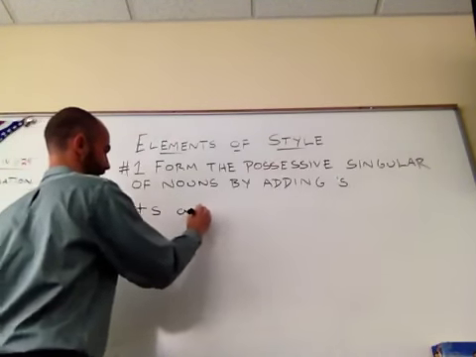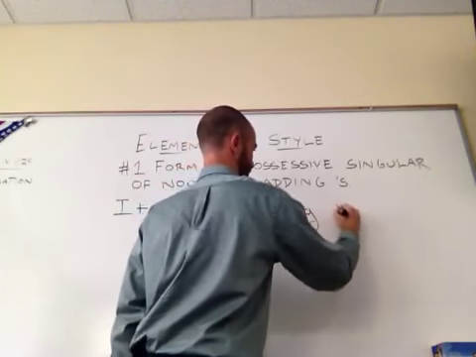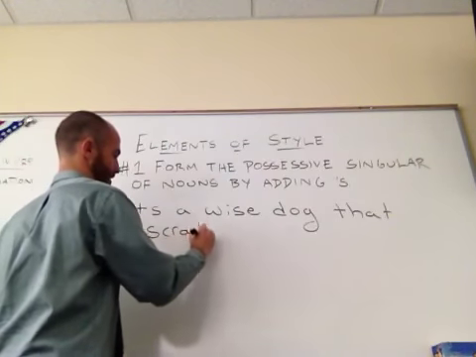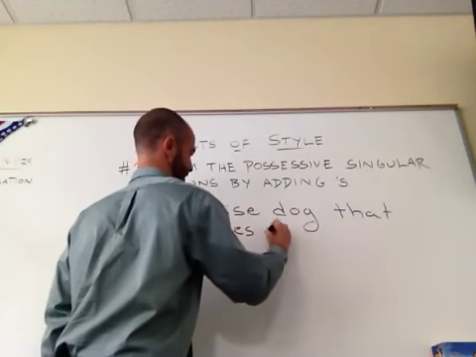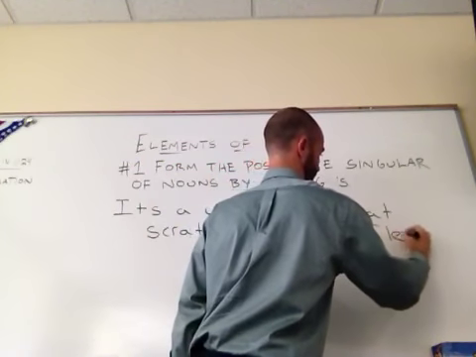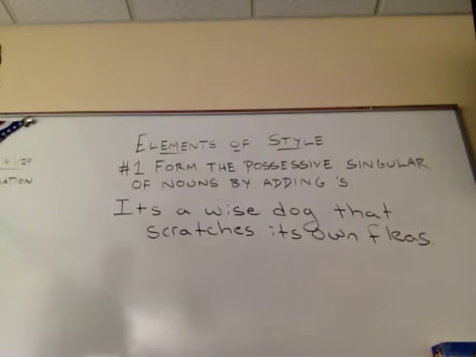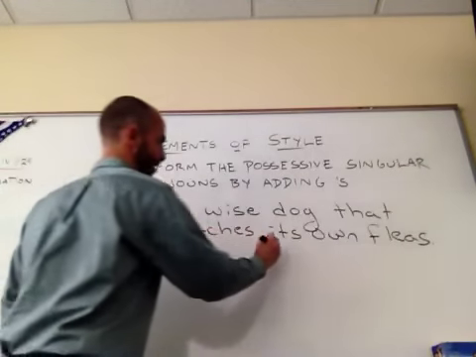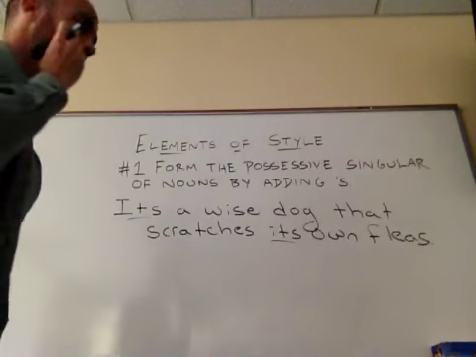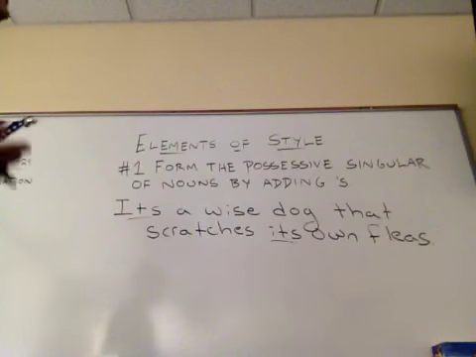It's a wise dog that scratches its own fleas. So you see that sentence, and you see that it's is used at the beginning and in the middle towards the end, and you have to be able to discern when you need the apostrophe between the t and the s and when you don't. I'll give you a hint. One needs it, one doesn't.